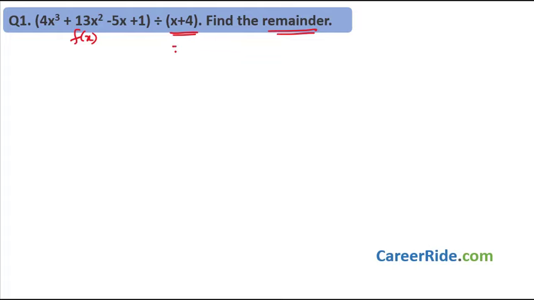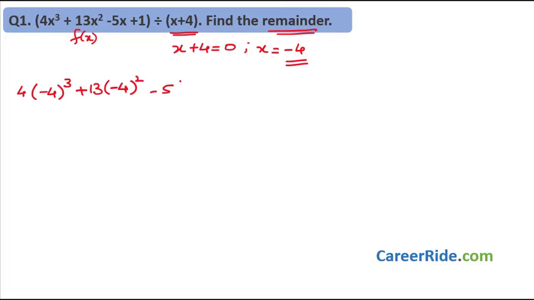We have already seen x plus 4 becomes equal to 0. This is what I equated to, and from here I get x is equal to minus 4. What do I have to do now? I simply have to place this value x is equal to minus 4 in the polynomial. So what does it become? It becomes 4 into minus 4 cube plus 13 into minus 4 square minus 5 into minus 4 plus 1.